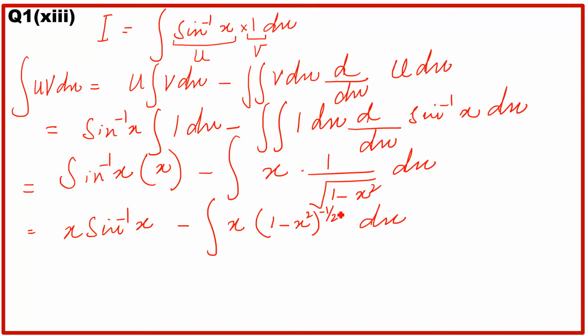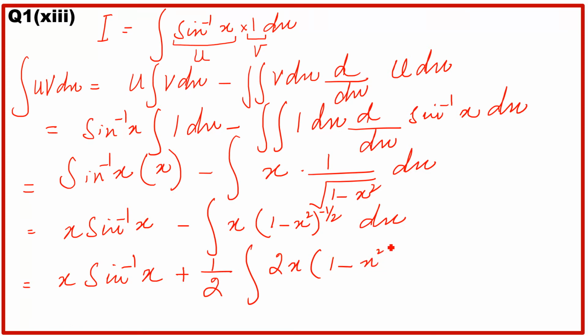So see, without this power, the derivative should be minus 2x here, but here we have only x, right? It means it is easy to multiply and divide by a constant. So it becomes plus 1 over 2, integral of minus 2x into 1 minus x square to the power minus 1 over 2 dx.